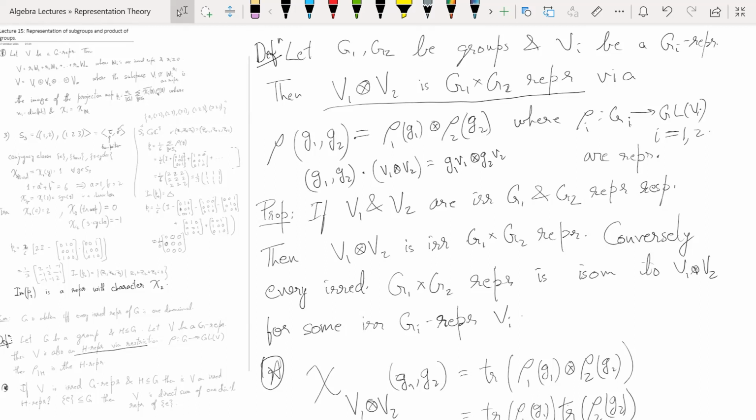So in some sense, studying representations of G1 cross G2 is like studying representations of G1 and of G2, and then combining the information. If you have a group which you can write as a direct product of certain groups, then studying its representation theory becomes easier. You just have to study the representations of each of these factors.